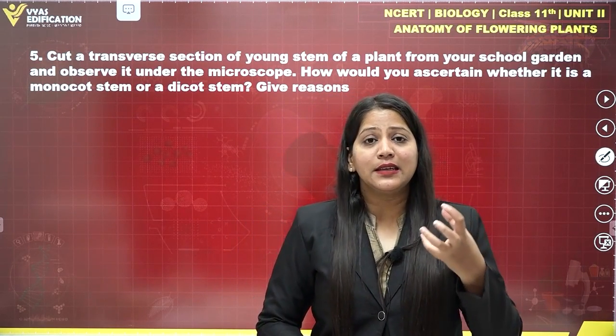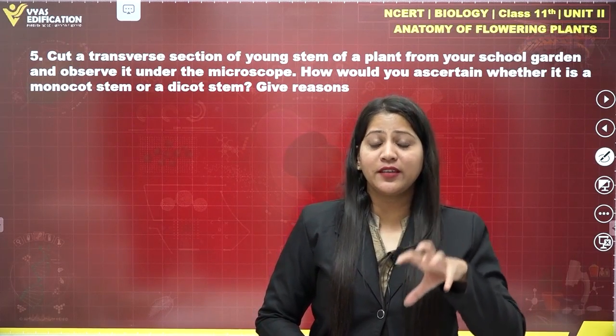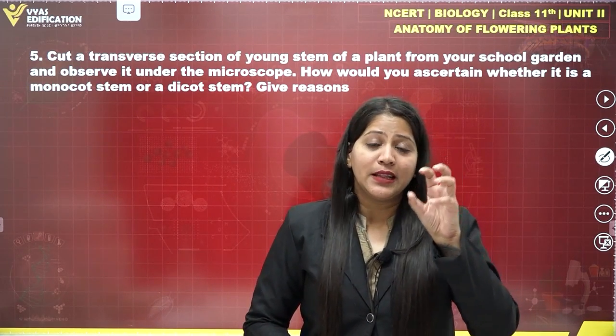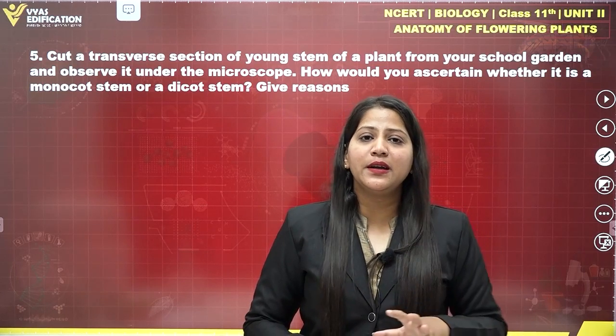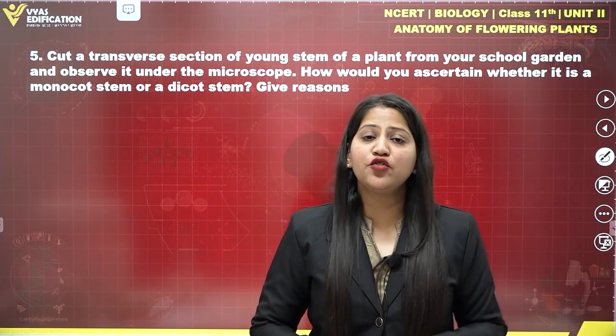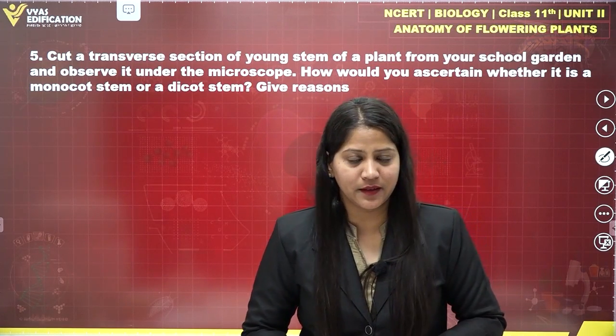So here we have the characteristics of dicot stem. First of all, dicot stems have vascular bundles which are arranged in a ring around a centrally located pith, right?